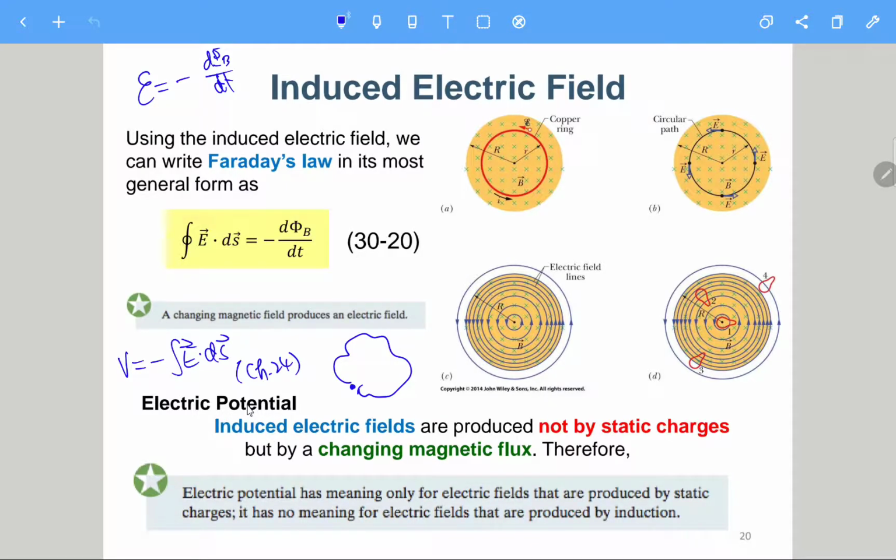Electric potential is a concept used only in electrostatics. Induced electric fields are produced not by static charge, but by changing magnetic flux. Therefore, electric potential has meaning only for electric fields produced by electric charge. It has no meaning for electric fields produced by induction.